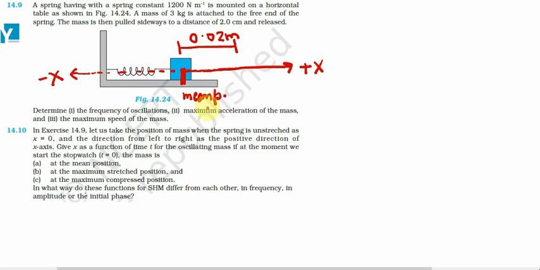About this mean position, my block will perform SHM, and we have to calculate the position or displacement of the block as a function of time, when, as in part A, we had started the stopwatch, that is t equal to 0, at mean position.